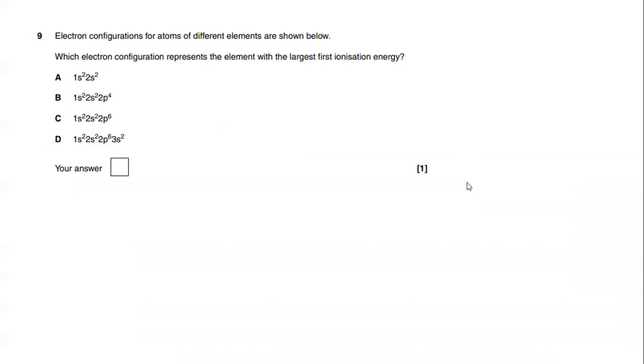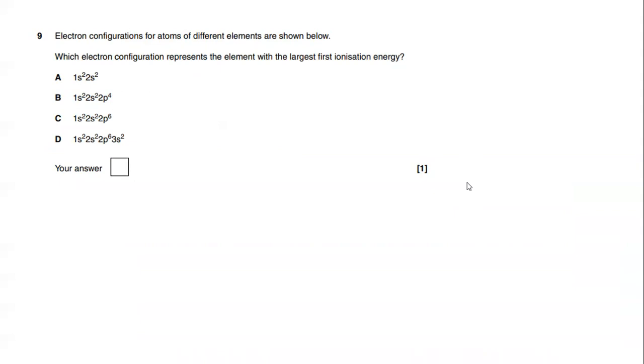Number 9, electron configurations for atoms of different elements are shown below. Which electron configuration represents the element with the largest first ionization energy? Okay, so for this one, we need to remember, first ionization energy is the energy required to remove 1 mole of electrons from 1 mole of atoms in a gaseous state.